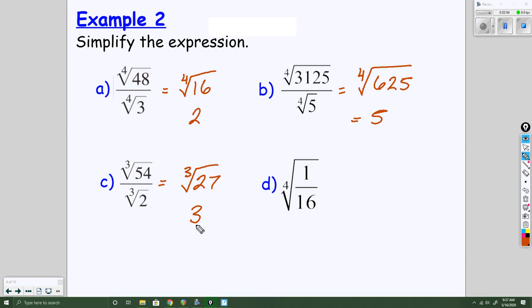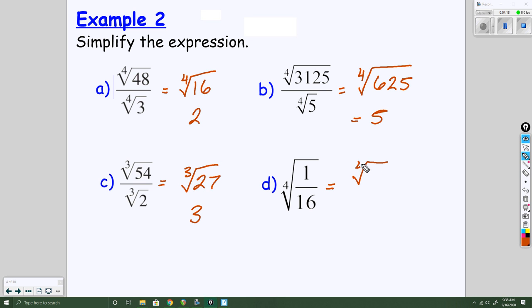So far, we've already looked at this one at least 4 times by the time we started this chapter. All right, and then in part D, notice it's already combined, so maybe it's helpful if we separate it, especially because we haven't had any experience so far, not in my lectures, with any root of a fraction. All right, so let's separate it using division.